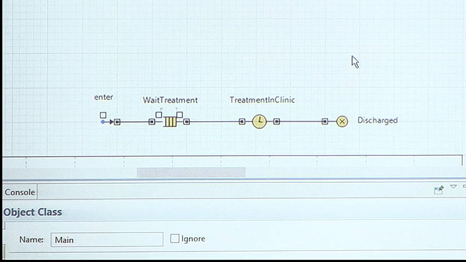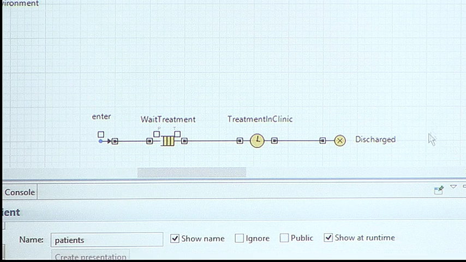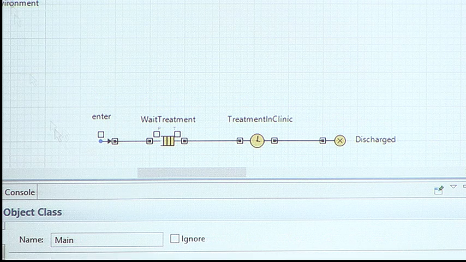Now let's link the model. How do we link patients and this flowchart? We will let patients inject entities into the flowchart. We will call these entities treatment request.